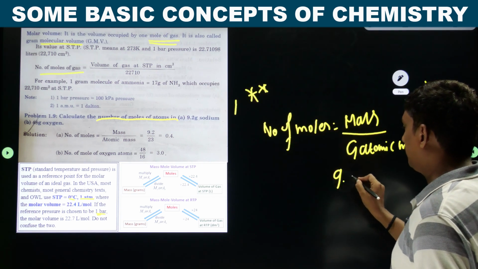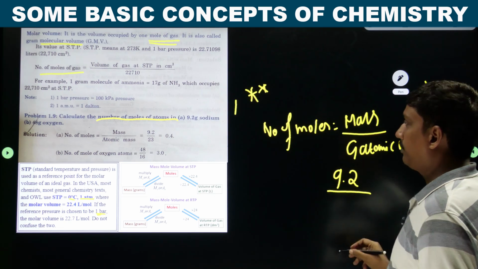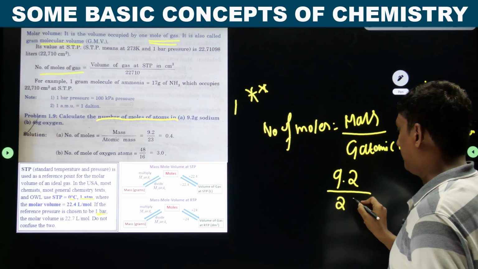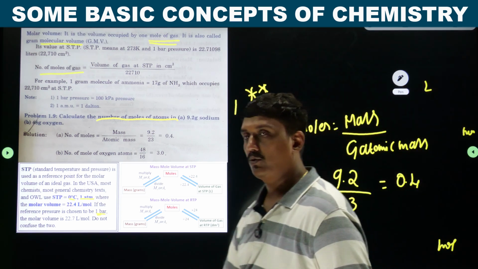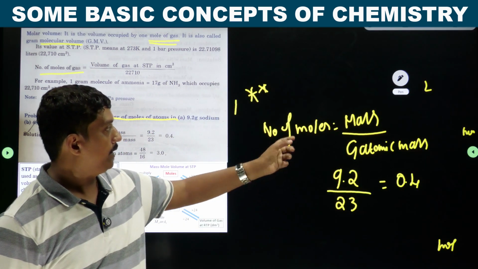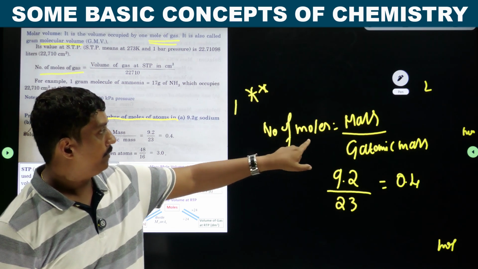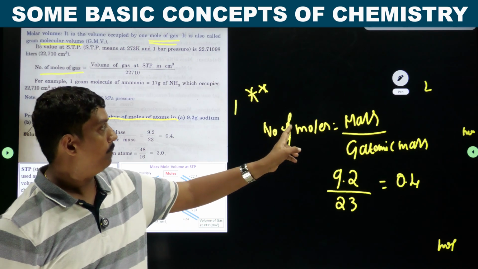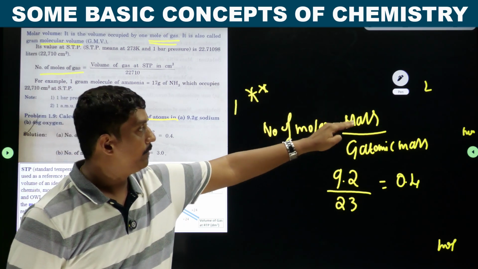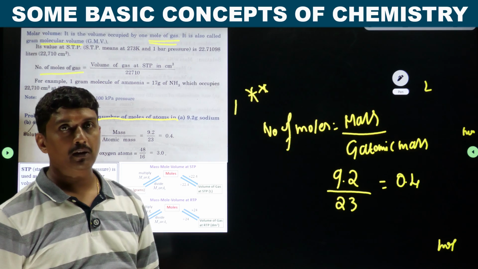Mass of the substance is 9.2. What is the atomic mass of sodium? 23. Number of moles is 0.4 mole. So here we have converted mass of the substance into moles. The formula is number of moles is equal to given mass divided by gram atomic mass.